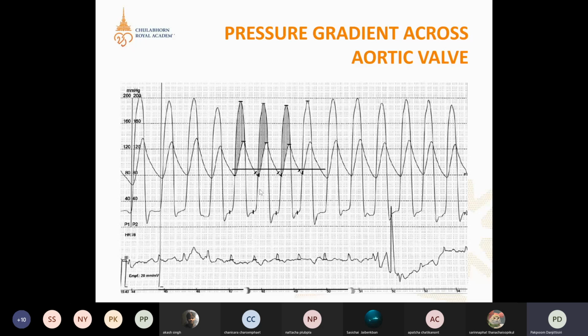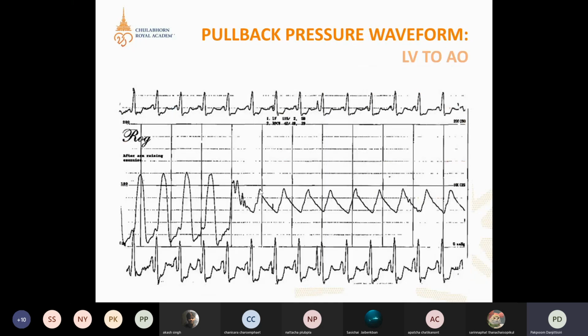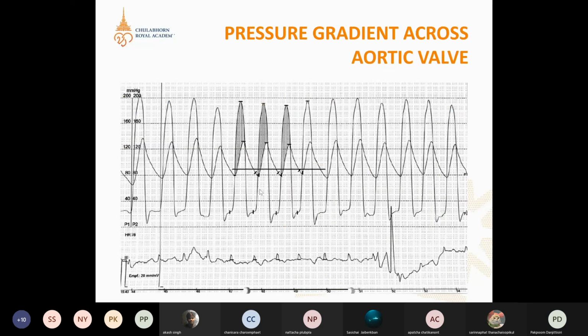You will be able to get the LV pressure and the aortic pressure at the same time. But actually it's quite a bit more accurate than the pullback pressure waveform, because you will be able to get the peak-to-peak systolic pressure from the left ventricular pressure and aortic pressure at the same time.